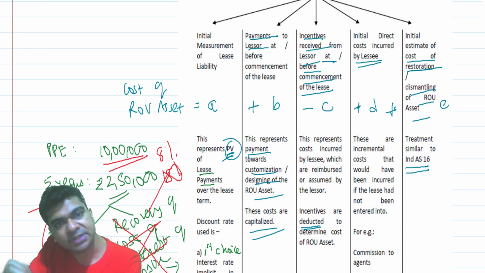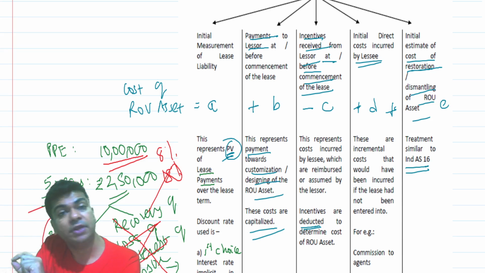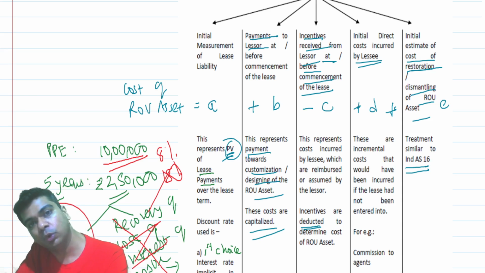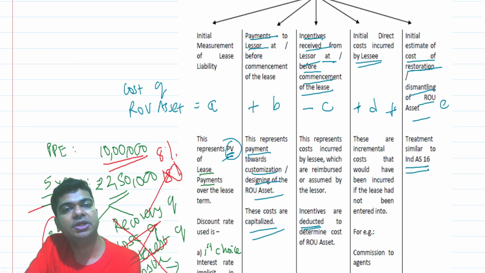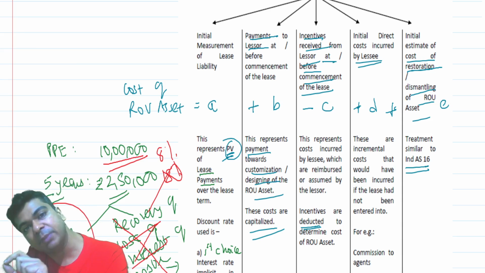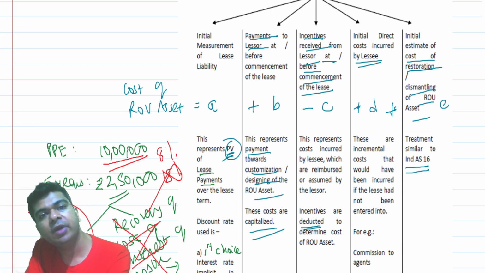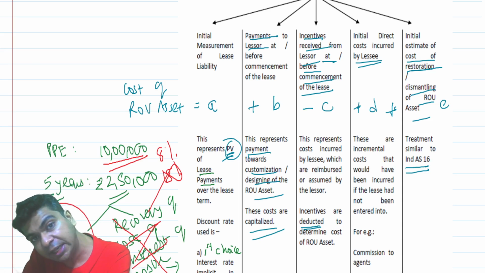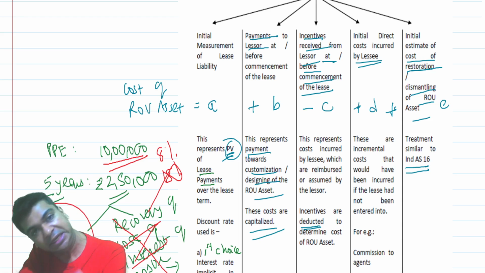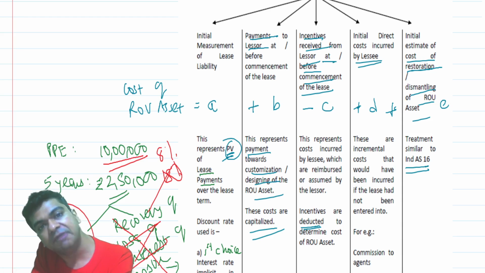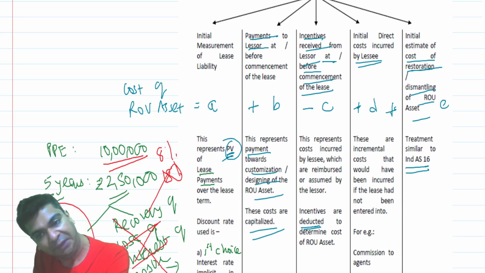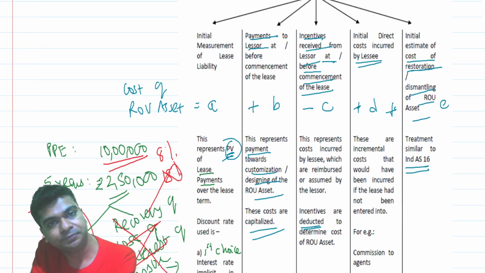Because as per Ind AS 16, it is the initial estimate of the dismantling cost that has to be included. So I will include that initial estimate of the dismantling expenditure. So whatever expense that I am projecting that I'll have to incur at the end of the lease tenure, I will discount it and find out what is its present value. And that I will include in the cost of the ROU asset.